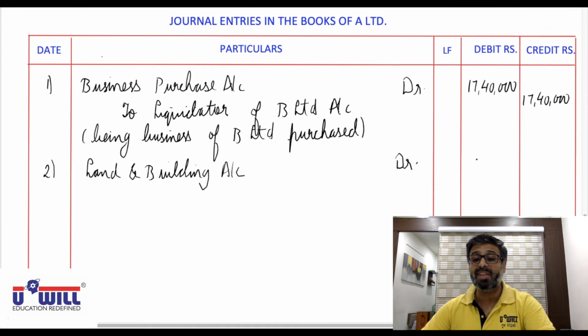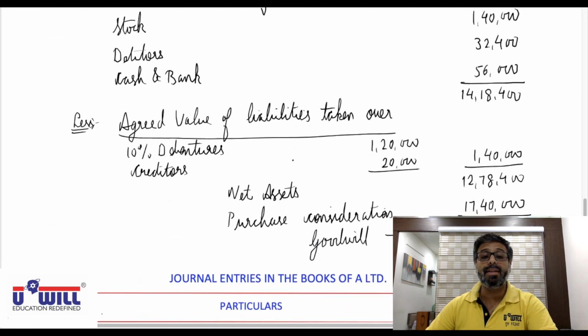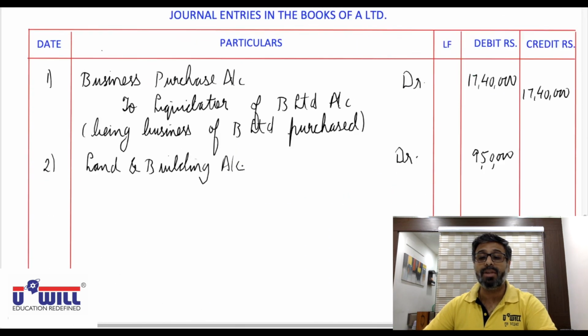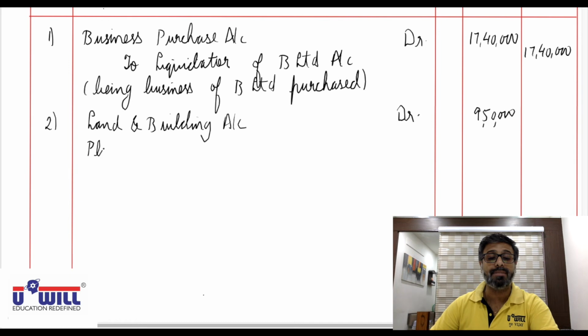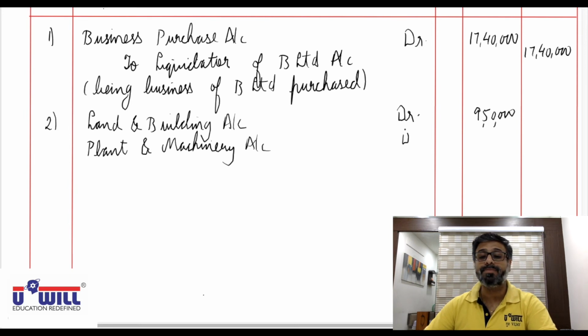So 9,50,000. Then see the next, plant and machinery account debit 2,40,000.